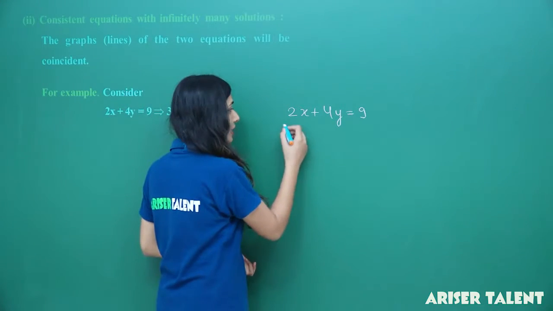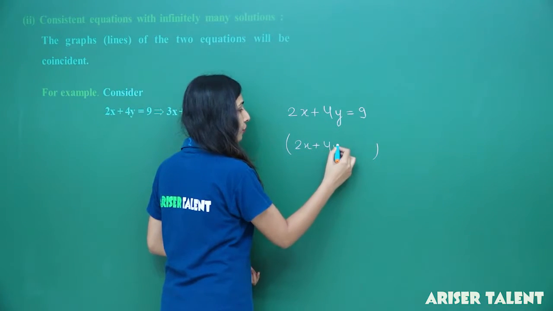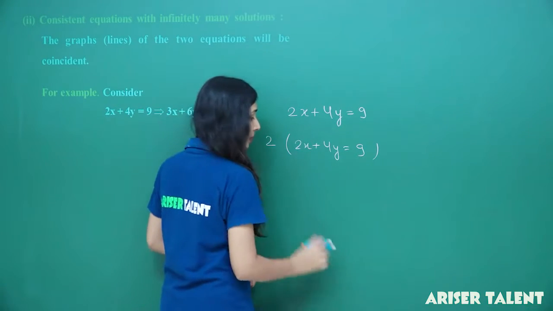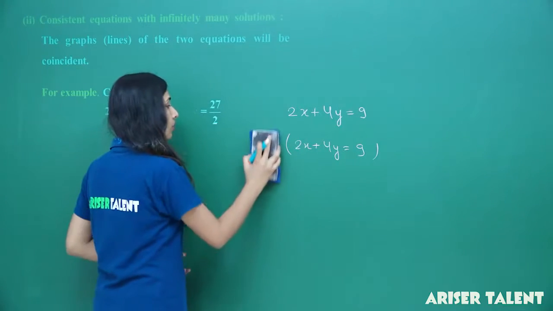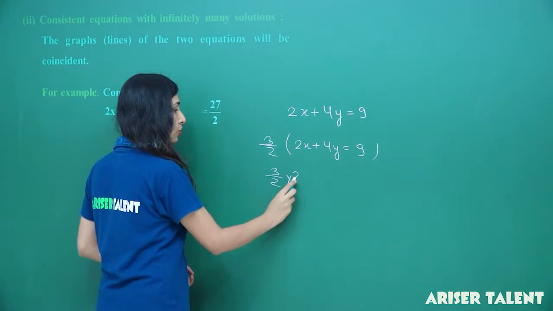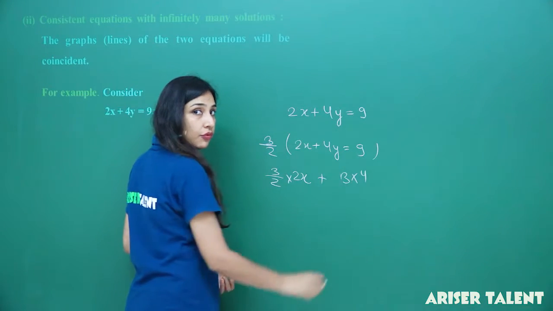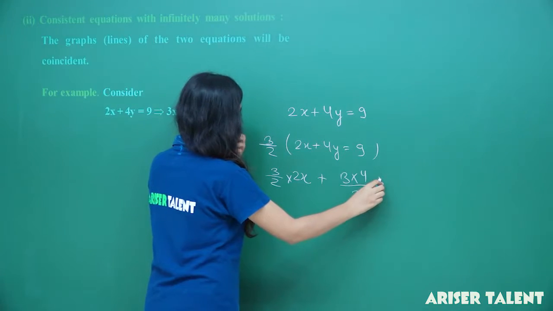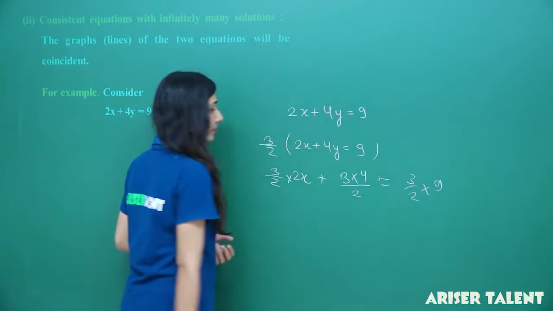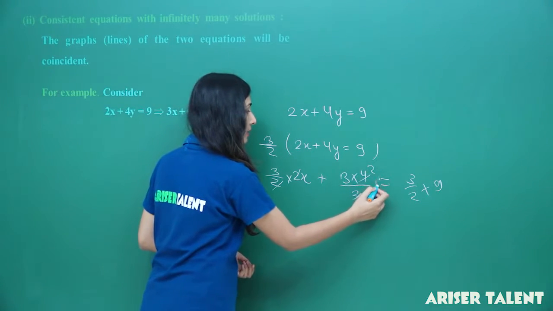I will just multiply this complete equation 2x plus 4y equals 9 by 3 by 2. I will get 3 by 2 multiplied by 2x, plus 3 by 2 multiplied by 4y, equals 3 by 2 multiplied by 9. In this case, the 2 will cancel.